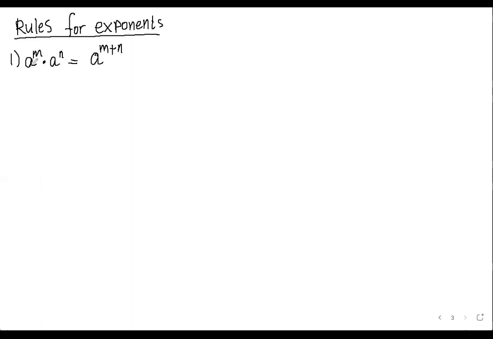Why? If I have the same base, a and a, different exponents, a to the m and n, we keep the same base and sum the exponents.